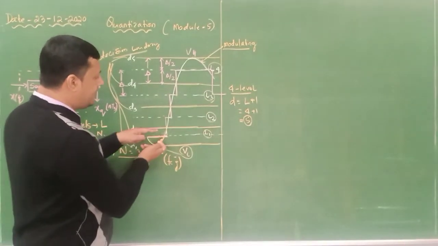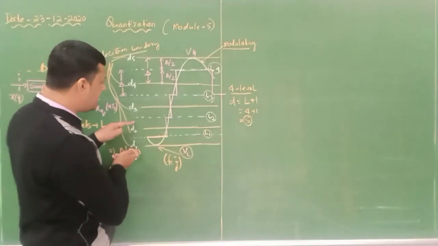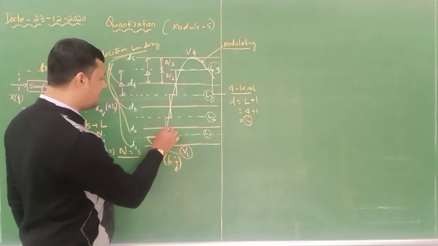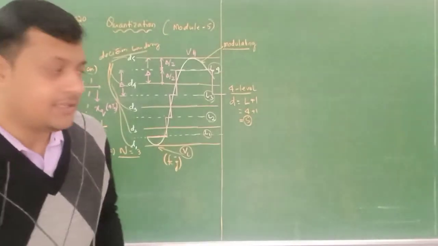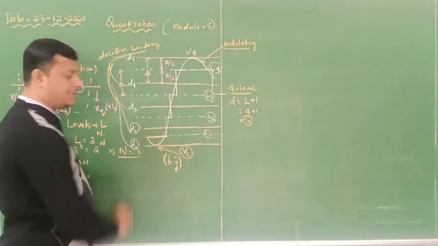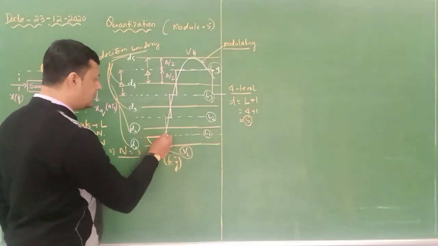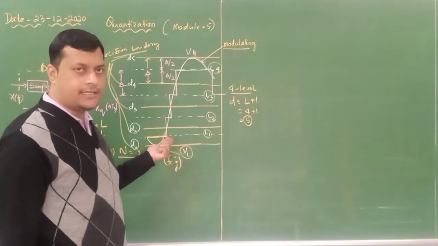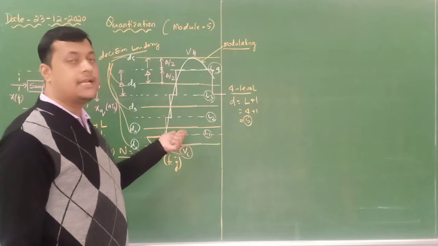That means when it is between decision 1 and decision 2, suppose this white line is within decision 1 and decision 2, first, if I am discussing with respect to 2, my quantizer will follow this particular level. It will not consider the lower decision level. It will identify level 1.